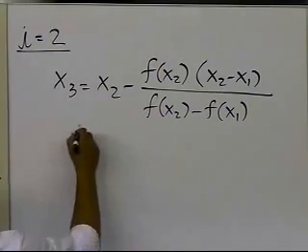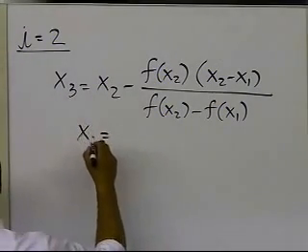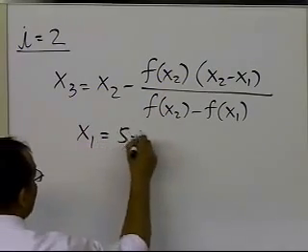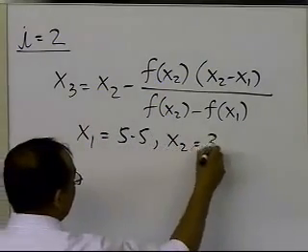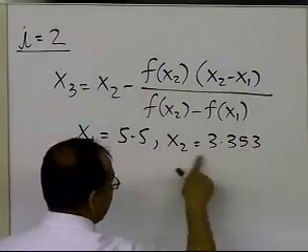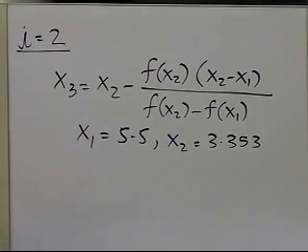Now we already know what x2 is. x1 is given as 5.5 and x2 is 3.353. This is the estimate which we just found, and this is one of the previous estimates.